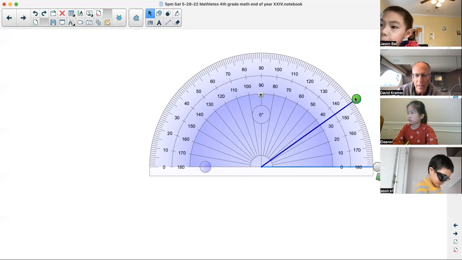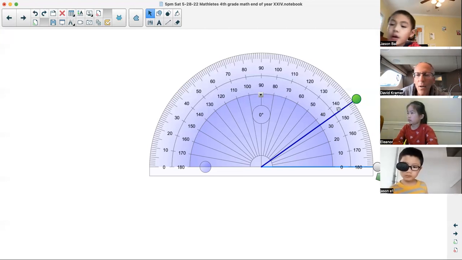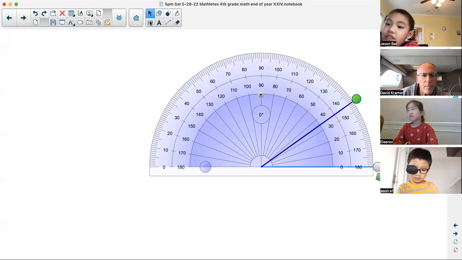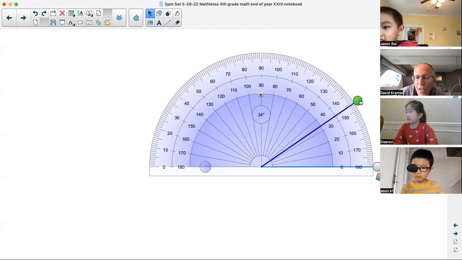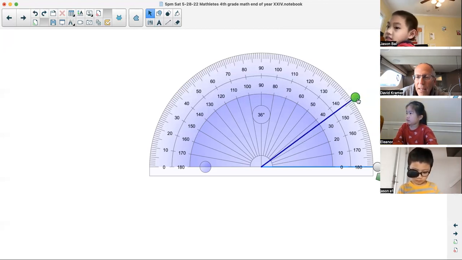What angle is this? No, Jason E, you said you would pay attention. So I want you to look to your left and focus. What is the angle here? 35. That's right. It's 35 because it's right in the middle of 30 degrees and 40 degrees.